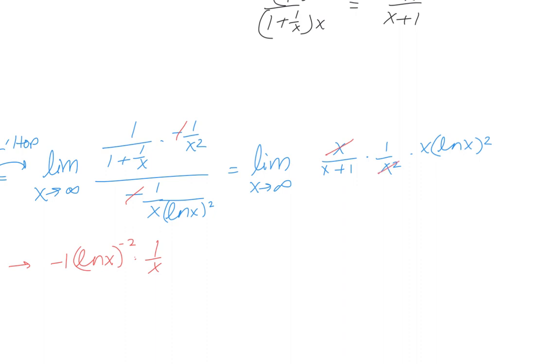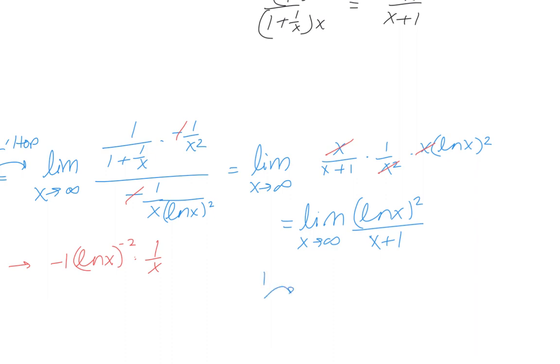This x and this x cancel, so I end up with the limit as x goes to infinity of the natural log of x, the quantity squared, over x plus 1. Now, up until now, we were done. We can do a direct substitution. We cannot do the direct substitution yet, simply because if I were to put in x goes to infinity, this will go to infinity, and so will this. So I will have to use L'Hopital's again.